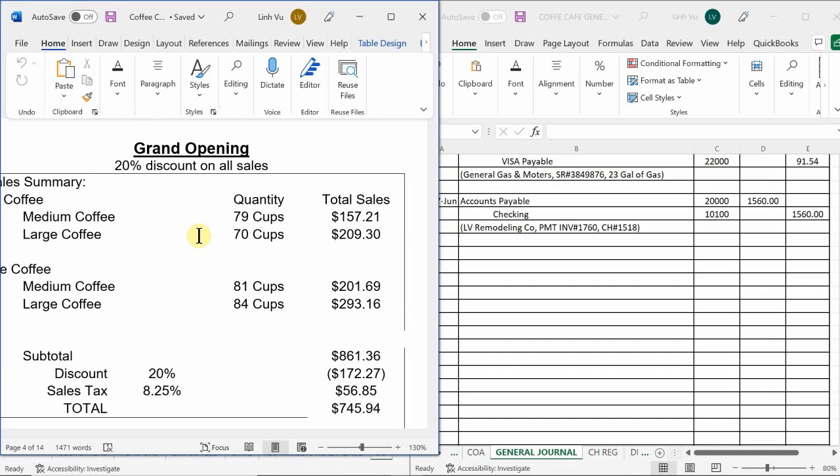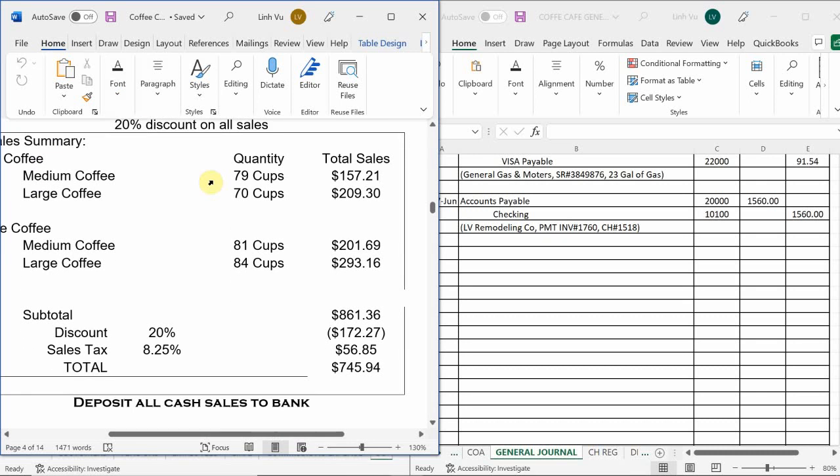Here we sold a total of 79 medium regular coffees, 70 large regular coffees, 81 medium supreme coffees, and 84 large supreme coffees. And here's the amount of total plus the discount and the tax that was charged. So we got a grand total of $745.94.